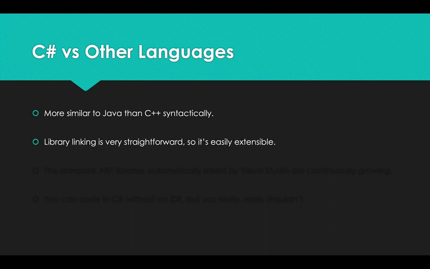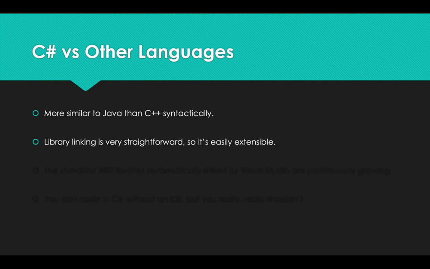So the nice thing about C#, and really the nice thing about any of the .NET languages, is that library linking is extremely straightforward. All you need is a DLL that's compiled to a compatible version of the .NET framework. You can drop it into your project, add a reference, and you're done. That's really it.